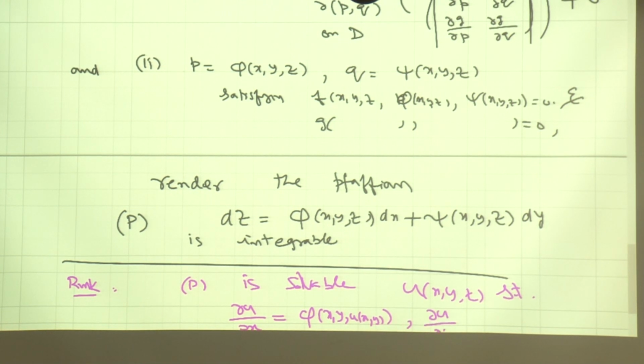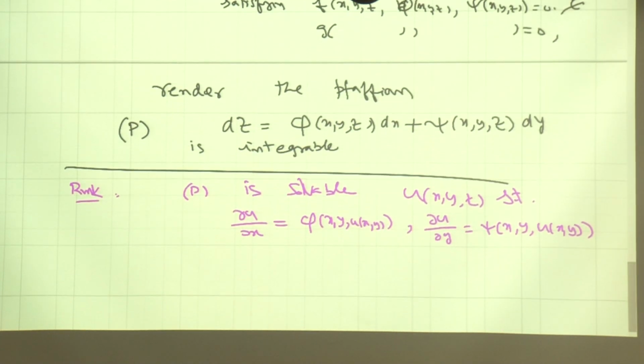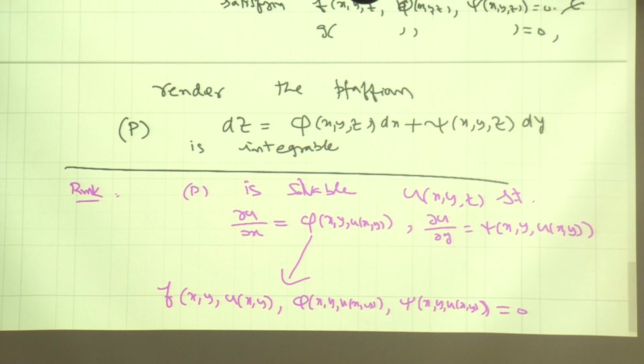And dou u by dou y is equal to psi of x, y, u of x, y. Correct? Done. But what is phi? It is p, no? What is p? It is satisfying some equation. So therefore, that will give us what? f of x, y, u of x, y, phi of x, y, u of x, y, psi of x, y, u of x, y is 0.